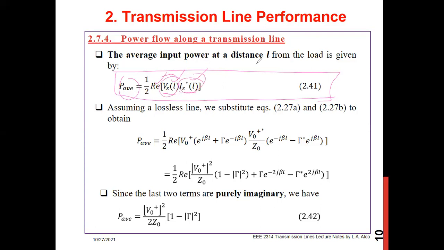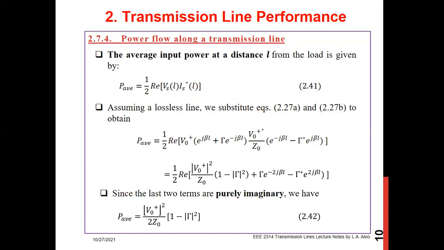Now, if we assume that the line we are looking at is lossless, then we can substitute equations 2.27A and B into 2.41. Because looking at those equations, we already know the definition of Vs of L and Is of L, so we just take the conjugate.